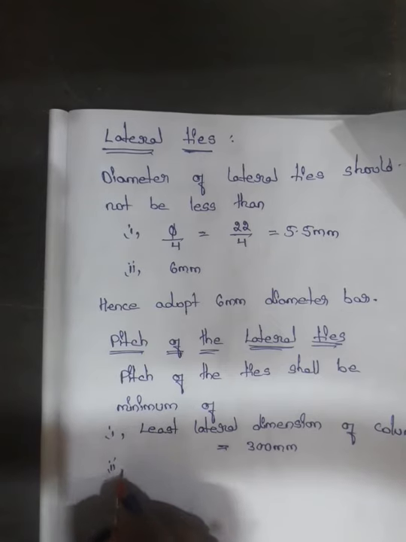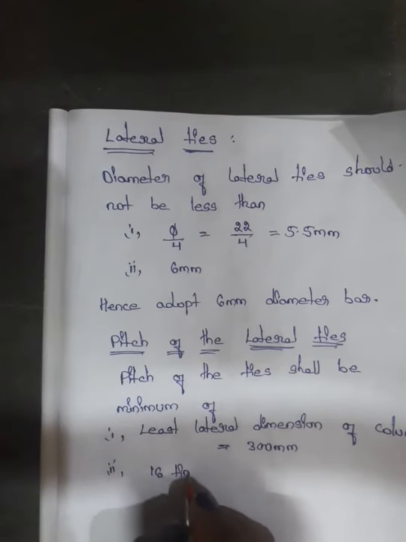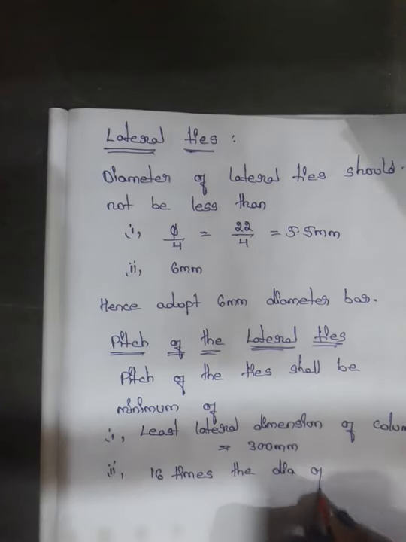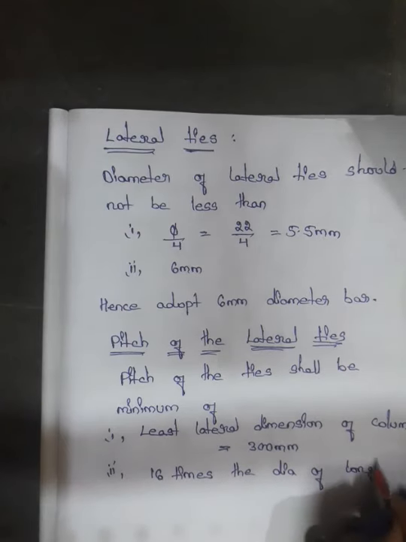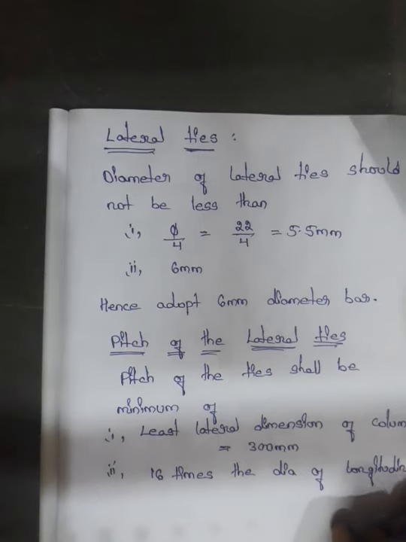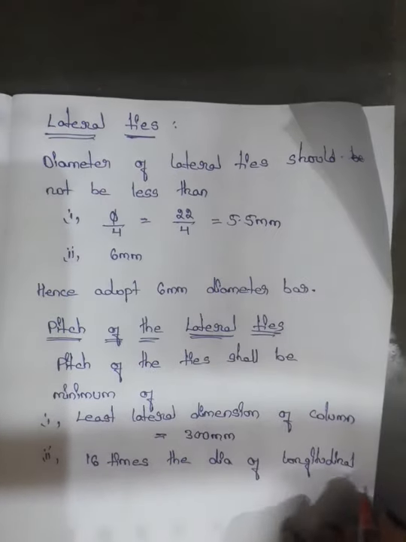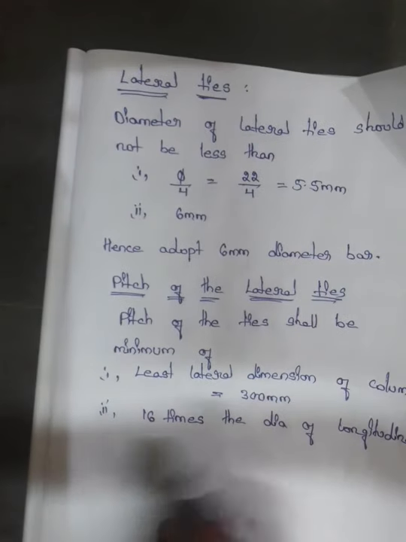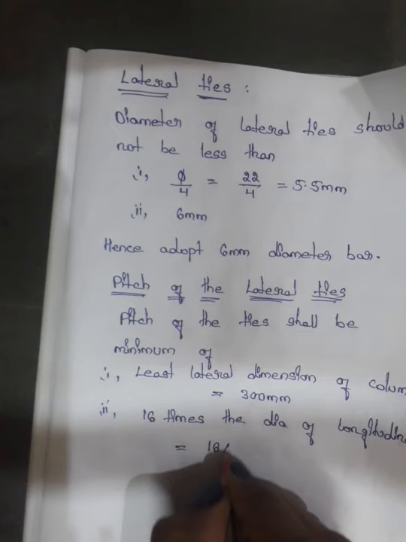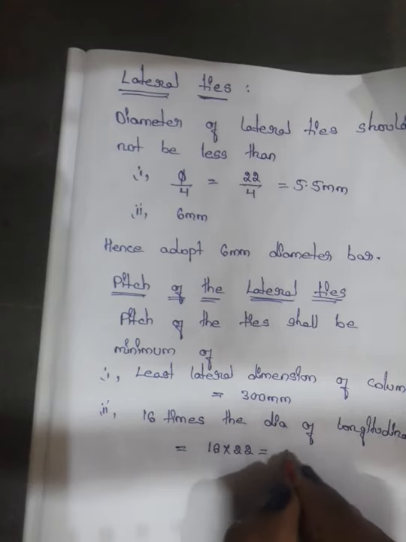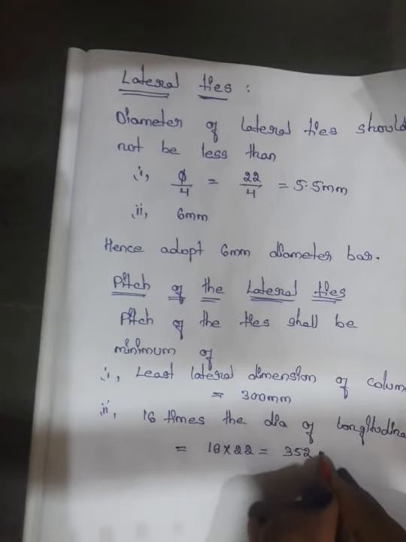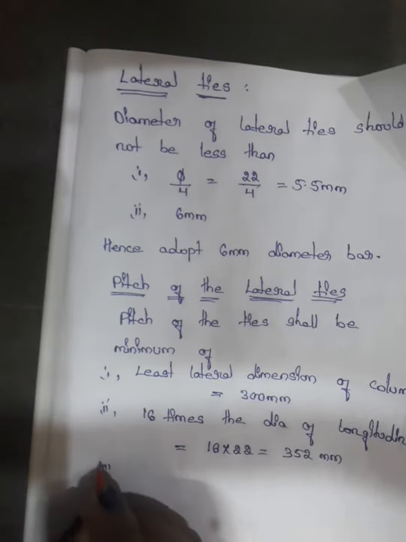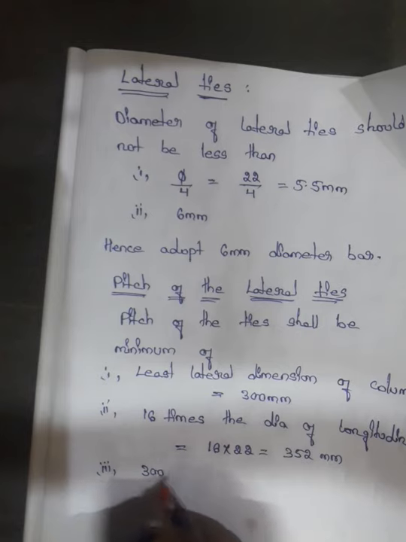The second condition is 16 times the dia of the longitudinal bar. What is the longitudinal bar diameter? It is 22. So 16 into 22 gives 352 mm. The third condition is 300 mm.